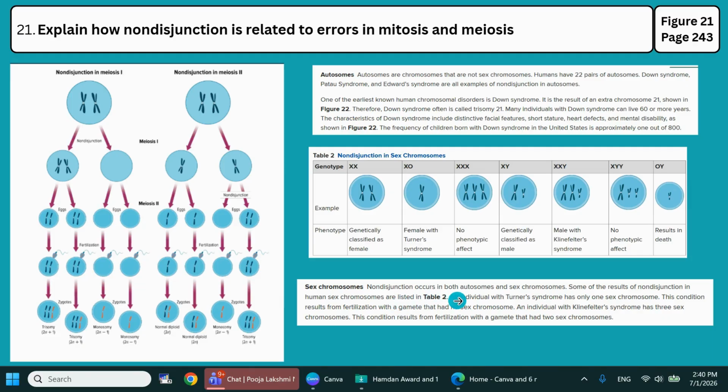So, non-disjunction occurs in both autosomes and sex chromosomes. Some of the non-disjunction in human sex chromosomes are shown here. Go through this table properly. Klinefelter's and Turner and that. And Down syndrome is actually in autosomes.